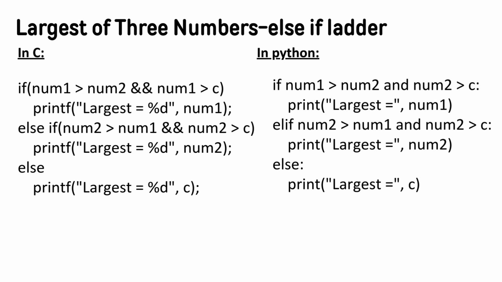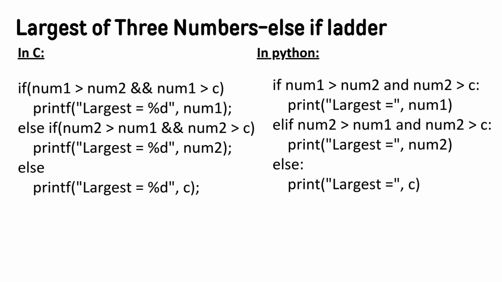So we compare two conditions at a time. If number one is greater than number two, logical AND, if number one is greater than number three. That means at a time we are checking whether number one is greater than number two and number three or not.